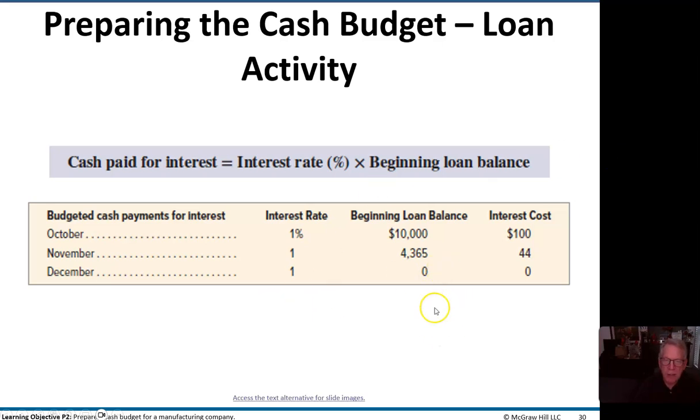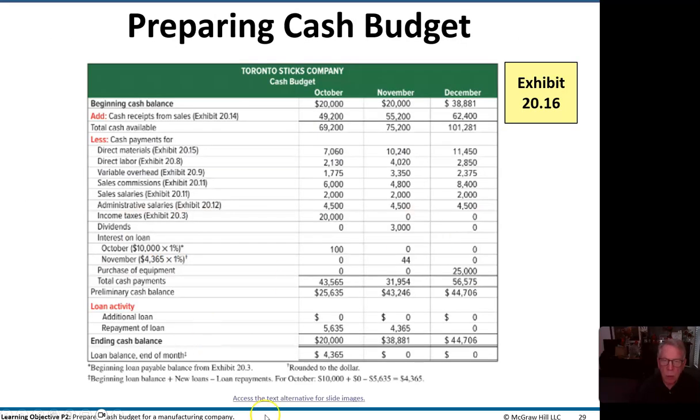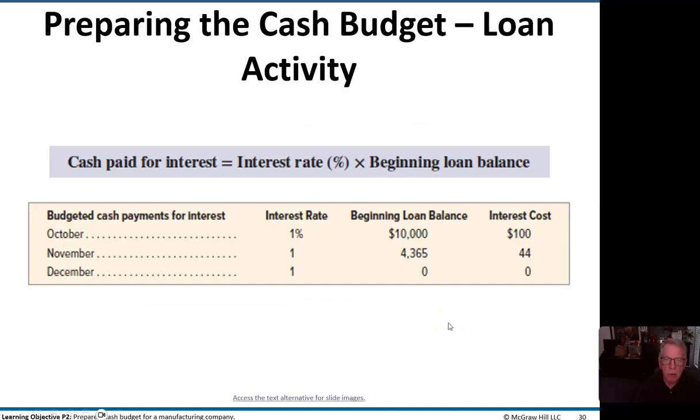Okay, for loan activities, I think you saw that in the last schedule. We started with a beginning loan balance of $10,000, and we paid our 1% of that $10,000 in interest.